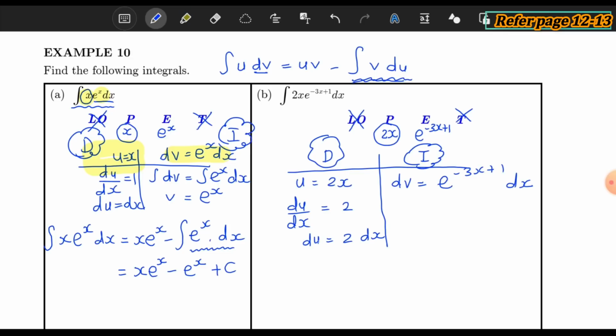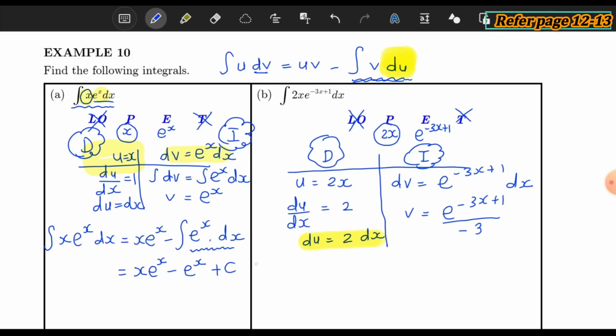We will substitute du from the formula with du equals 2 dx. And for the second part dv, we need to integrate. So, v equals exponent negative 3x plus 1 divided by negative 3. We got negative 3 from the derivative of the power.